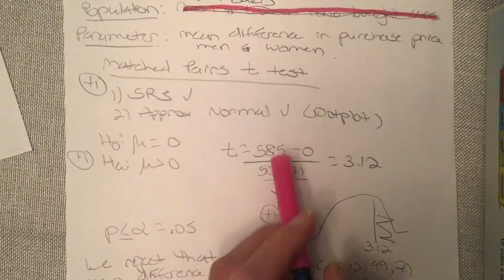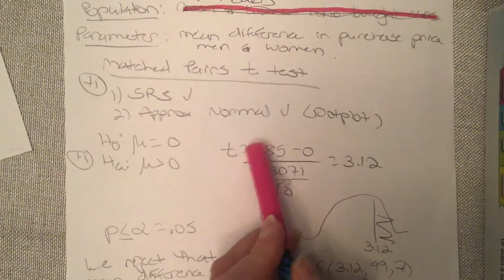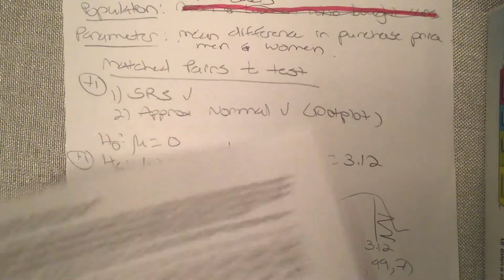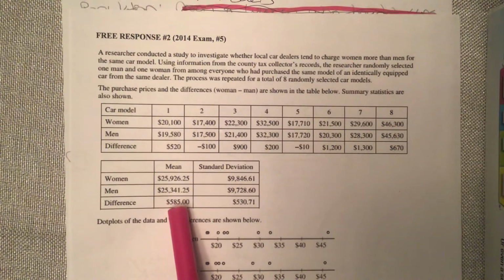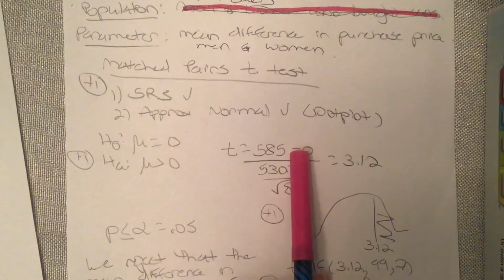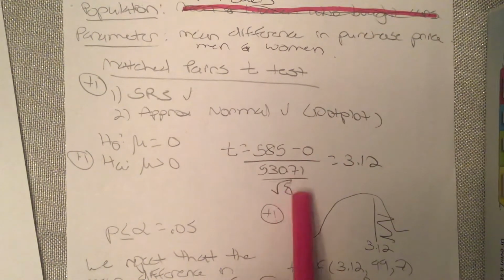So now I just get my t value. I take the mean difference, and this is in terms of hundreds. The mean they give you right here is 585, so you don't need to calculate that. So I do 585 minus 0, which is just 585, and then the standard deviation, which they always give you, over the square root of 8.